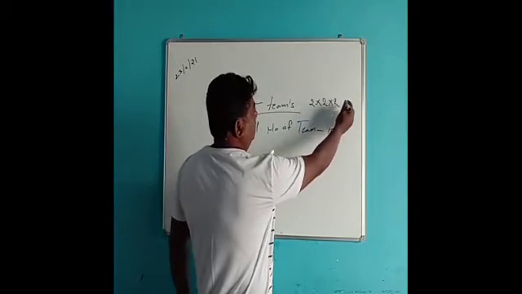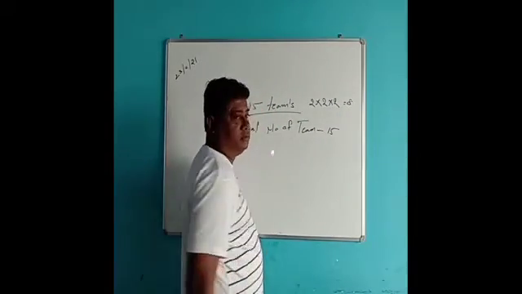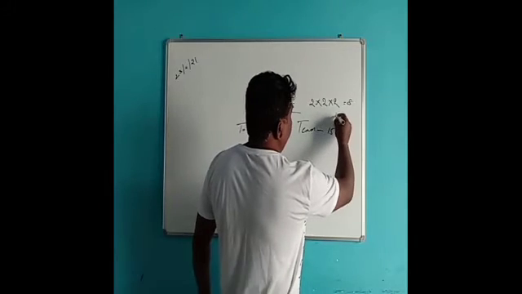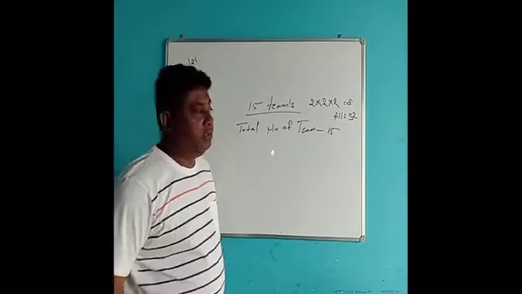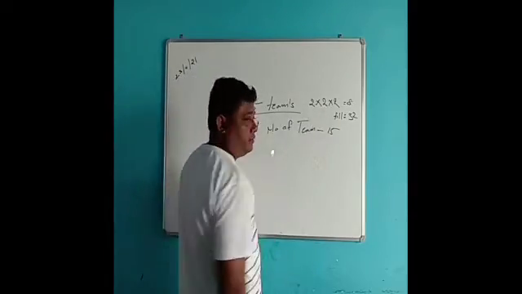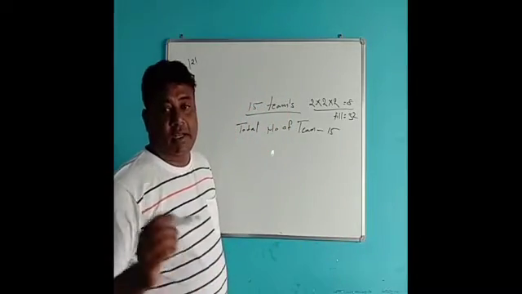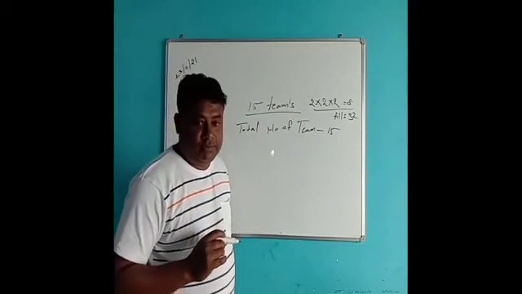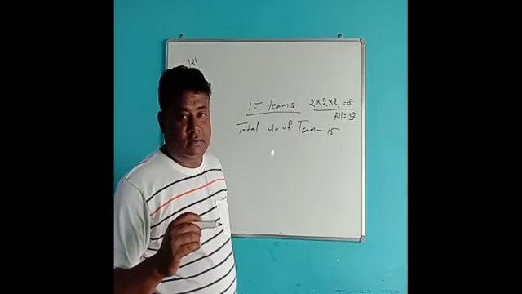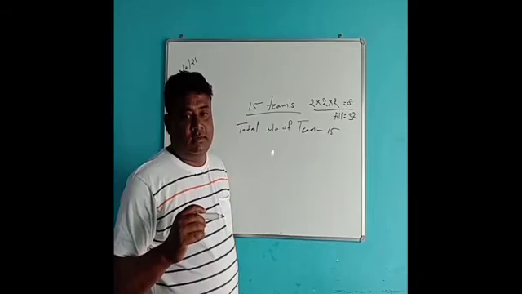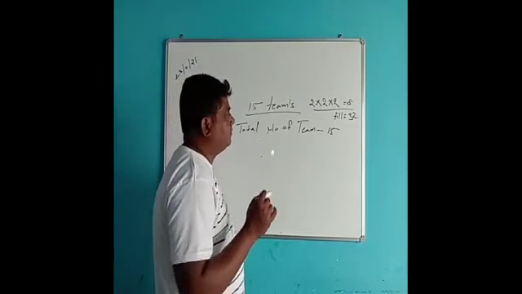Here we can continue till 32. So this is the power of 2. Is it right or wrong? Right, this is right.